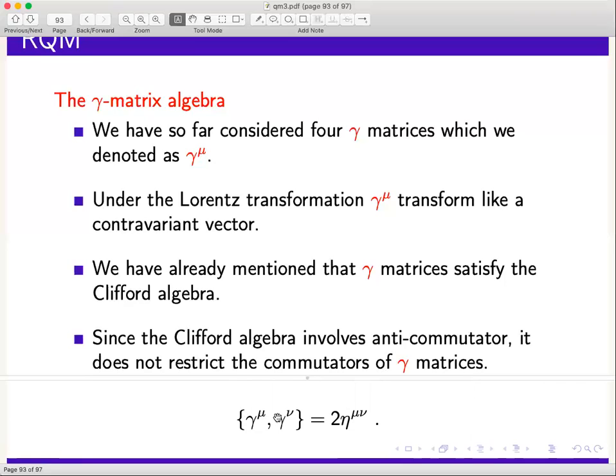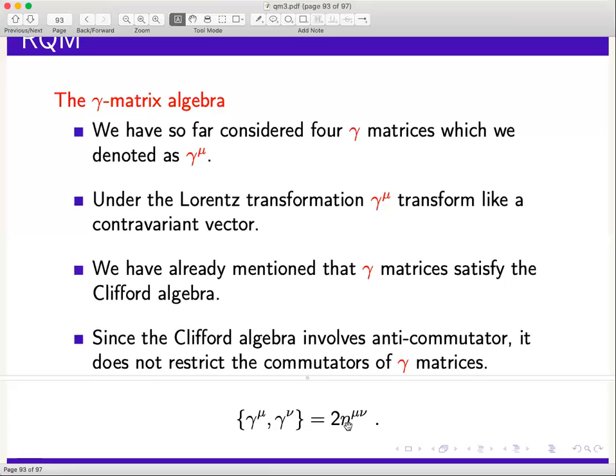When mu is not equal to nu, then gamma nu is minus gamma mu, because the anti-commutator bracket is symmetric. So it tells you that gamma nu gamma mu plus gamma mu gamma nu is equal to 0. Why 0? Because I am looking at mu not equal to nu, and if mu is not equal to nu, eta is 0. So that tells you that gamma nu gamma mu is equal to minus gamma mu gamma nu.